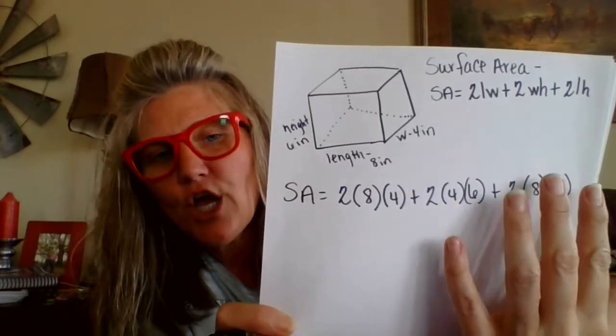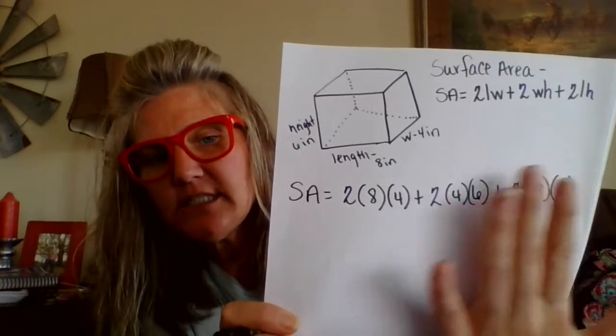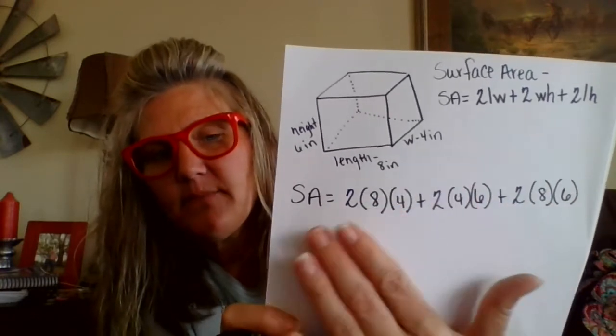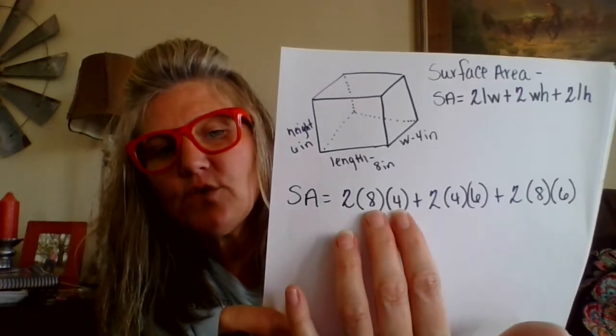So now we are going to multiply each section together and then add them. Let's do 8 times 4. 8 times 4 is 32, plus 2, what's 4 times 6? 24, plus 2 times 8 times 6, which is 48.